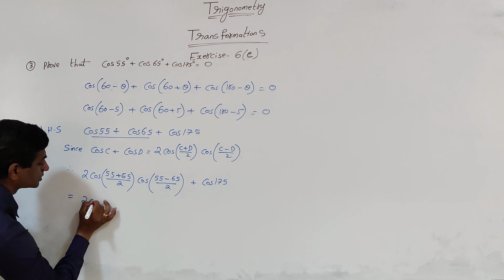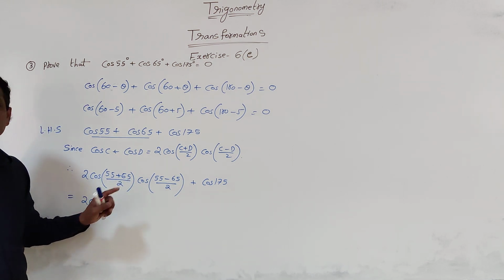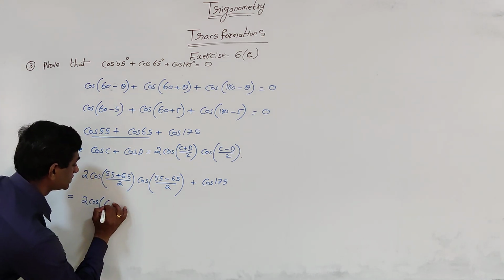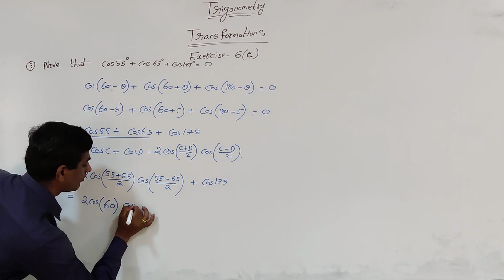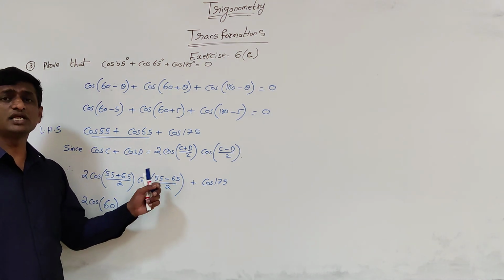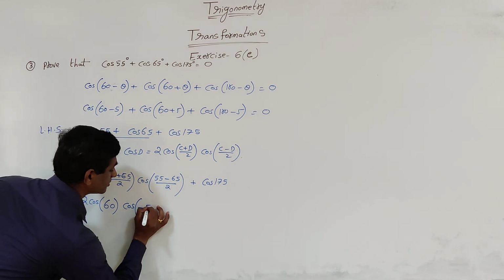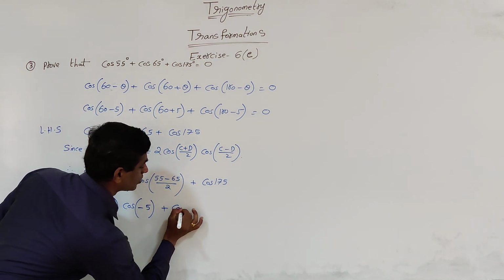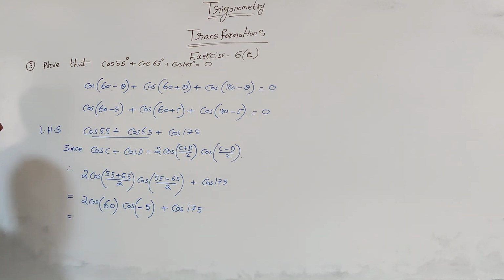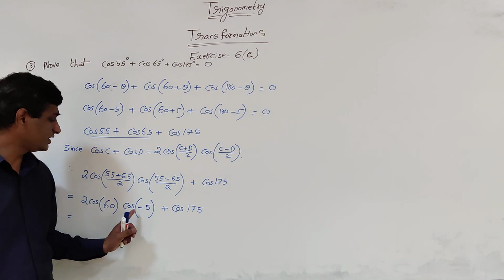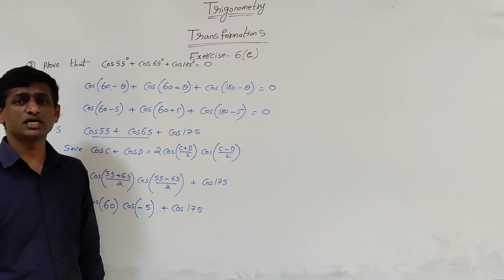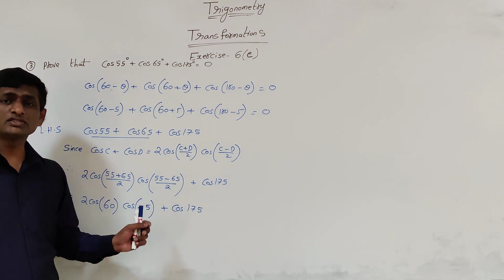So 55 plus 65 gives 120, and 120 by 2 will be 60. 55 minus 65 is minus 10, and minus 10 by 2 will be minus 5. Plus cos of 175. So 2 into cos 60 into cos of minus 5. What is cos of minus theta? Cos of minus theta is the same as cos theta.